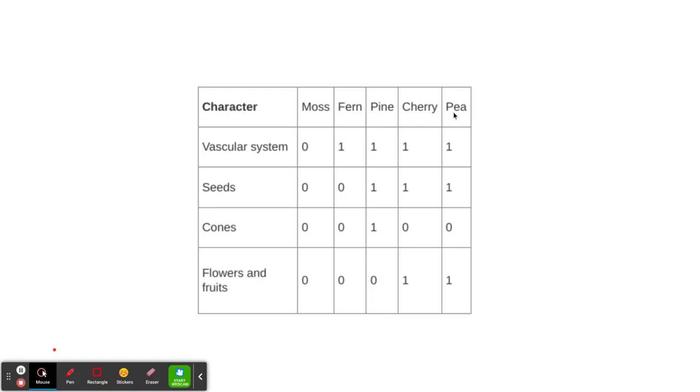Well, if you look at the pea and the cherry, they share 3 out of these 4 characteristics. So on that basis, we can see that the cherry and the pea could be more closely related than the cherry and the pine. Again, these are only 4 characteristics that we have shown. So this is another way of looking at phylogenetic trees by shared derived characteristics.